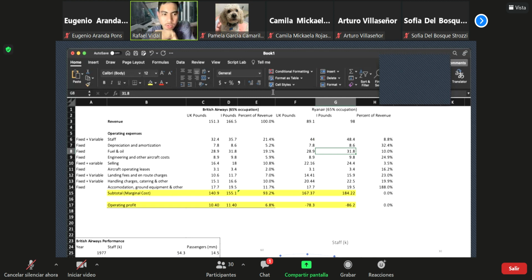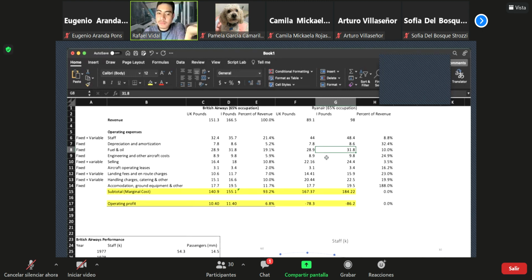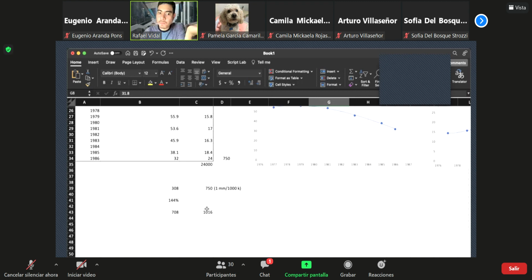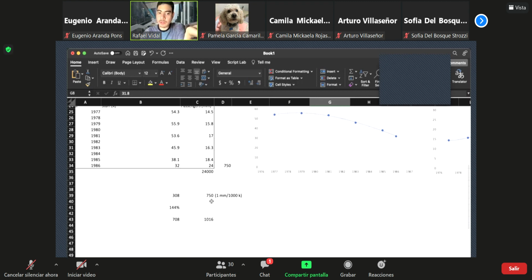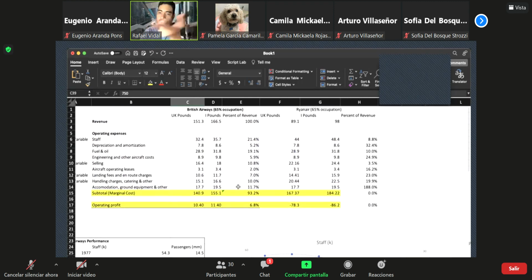The main problem here, as Camila said, is that fixed costs are really high. So it doesn't matter if you have a great productivity. Look, this is Ryanair's and this is British Airways. It doesn't matter because those variable costs are minimum compared to the fixed ones. So it doesn't matter how productive you are, the costs are really high. And if you have a really low price, well, this is going to happen.